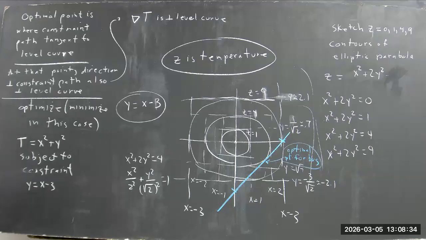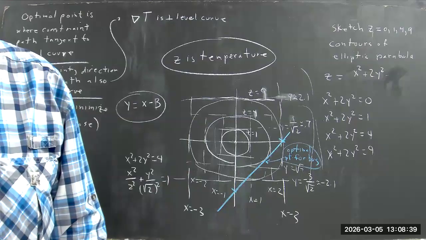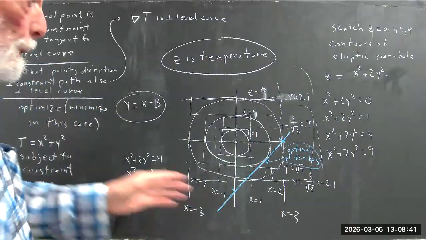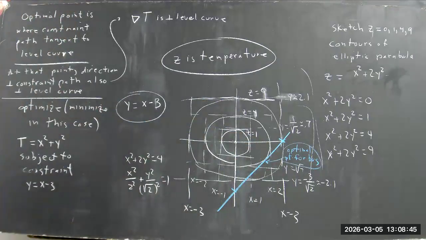Well, it's always the direction with negative reciprocal slope. The slope of this line is very simple, it's 1. So this slope is -1.